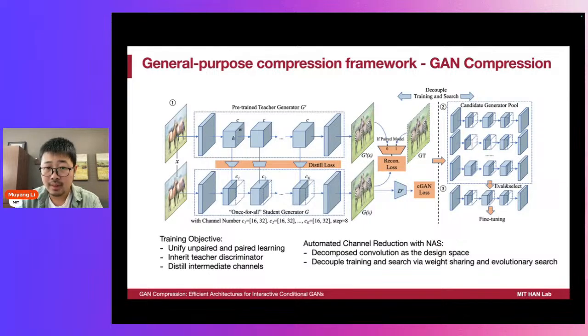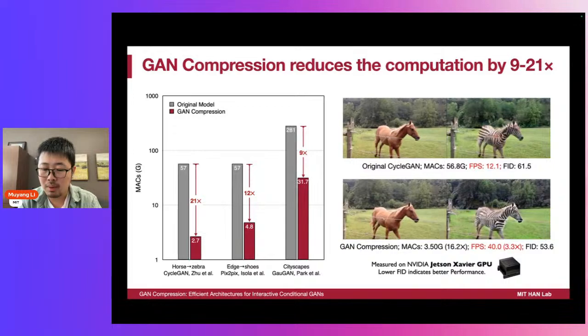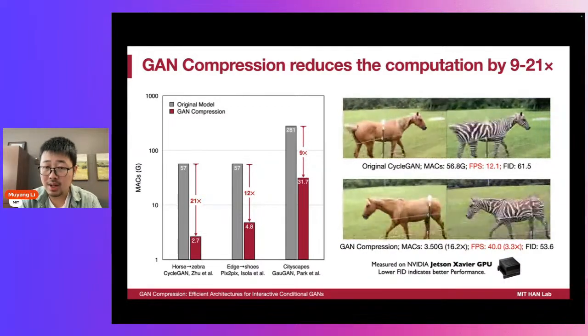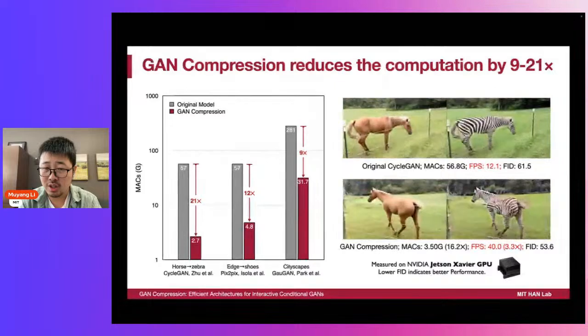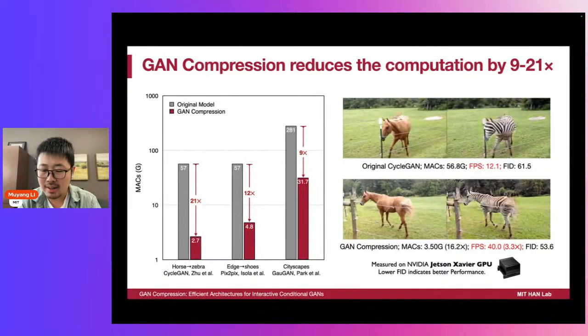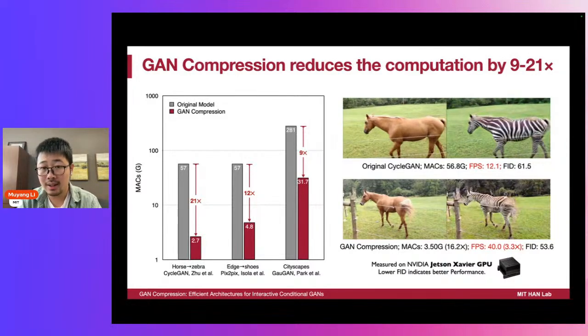And it reduces the computations of different GAN models by 9 to 21 times. And on the right-hand side, we show a demo of CycleGAN on Jetson Xavier. And you can see our GAN Compression achieves a 3 times faster FPS with better FID, which implies better quality.